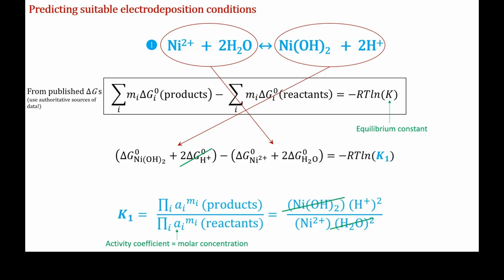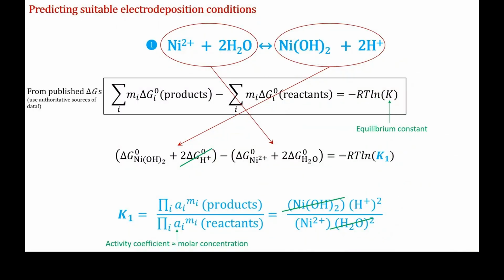That overall Gibbs free energy change of this reaction allows you to determine the equilibrium constant for this reaction. If we do it for the exact reaction that I've put in at the top, we've got the Gibbs free energy of our products, which is nickel hydroxide and protons, minus the Gibbs free energy of the reactants, which is nickel 2+ and water.